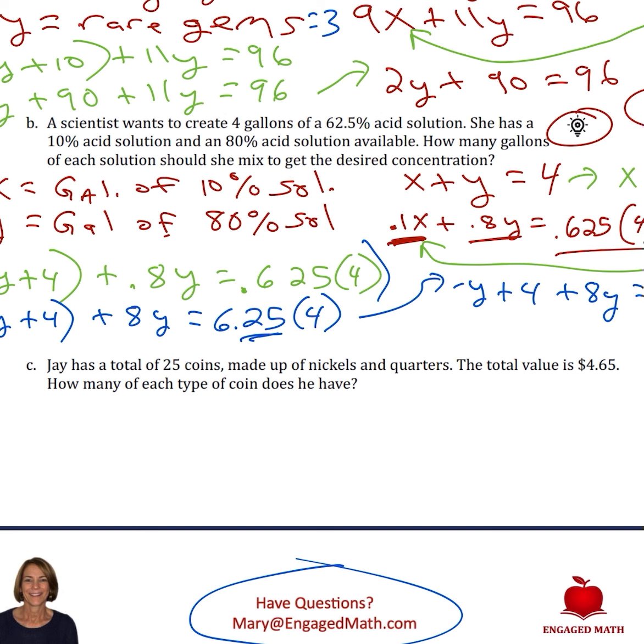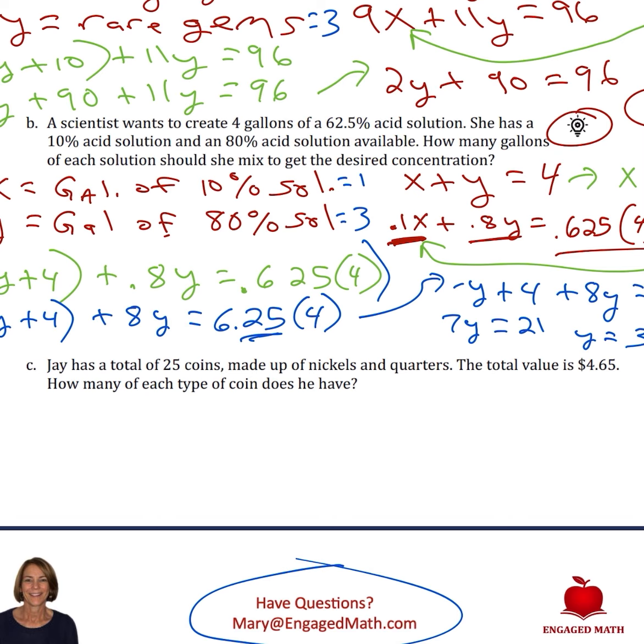So altogether we get 24 plus 1, or 25. Okay, combine our y's together, we get 7y, subtract 4 from both sides. 7y equals 21, y equals 3. So we need 3 gallons of the 80% solution, meaning since we have 4 gallons altogether, we need 1 gallon of the 10% solution. Great.